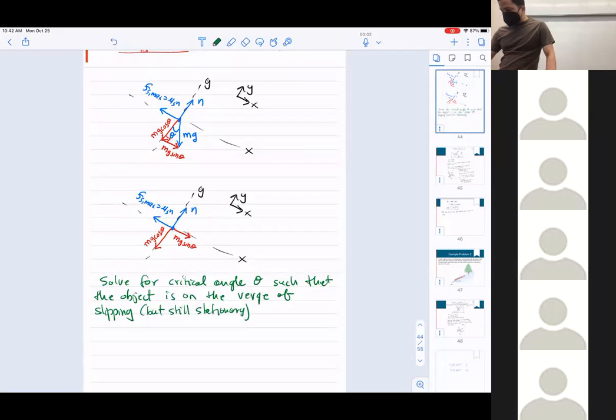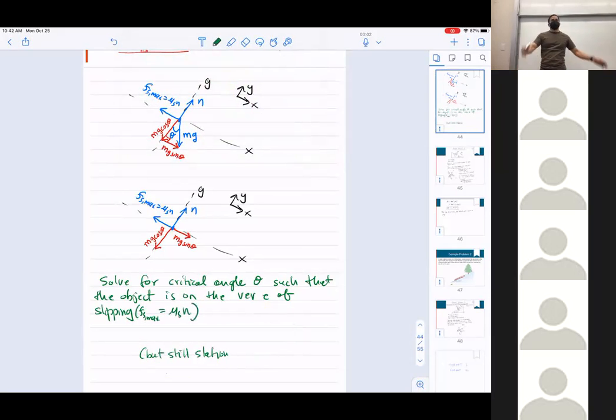So the verge of slipping, that phrase means that Fs max is equal to mu s times N. So when I say that it's on the verge of slipping, that's what that means, right? That the force of static friction has reached its maximum value.